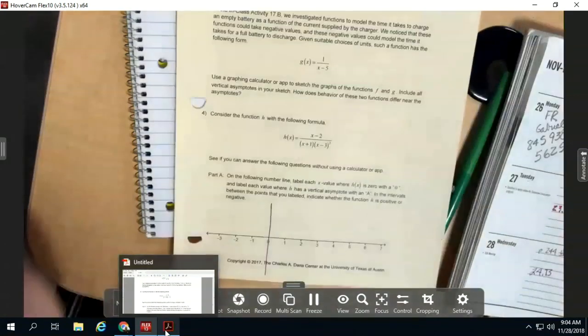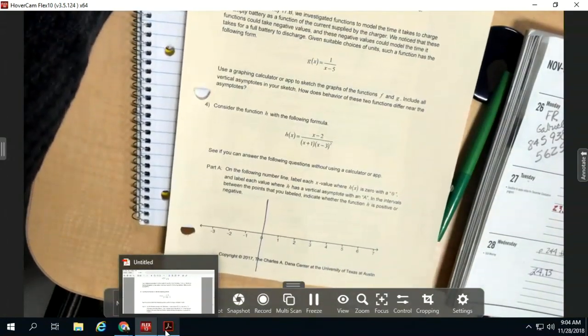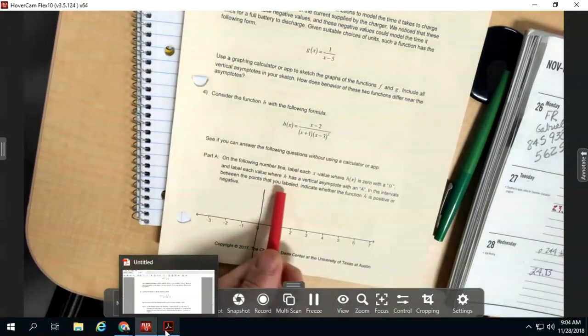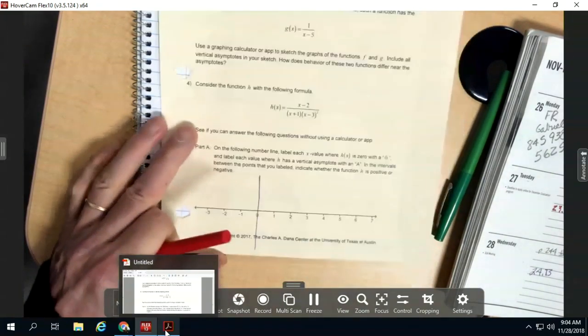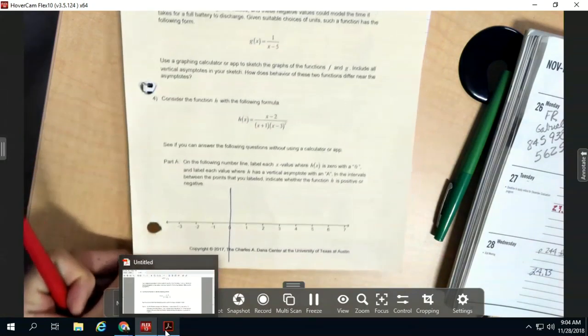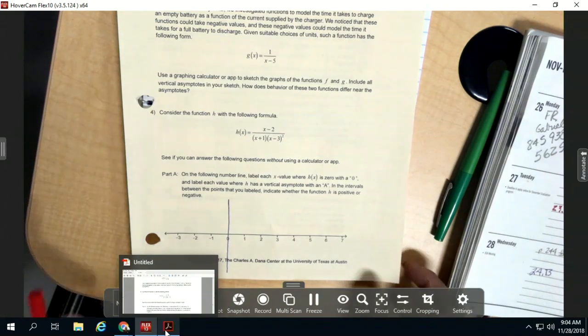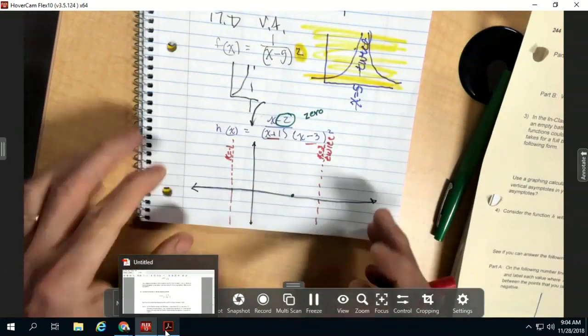So it says, label where h of x is a 0, and label each value where h of x has a vertical asymptote as an A. In the intervals between the points you labeled, indicate whether the function h is positive or negative.